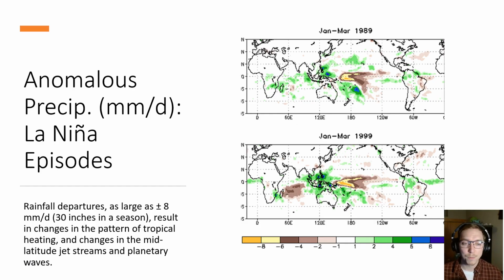From anomalous precipitation in millimeters per day, rainfall departures as large as plus or minus 8 millimeters per day, in a 30-inch season, result in changes again. Here we can see a striking difference. So much drier where we had those major anomalous pulses upwards of 8 millimeters of rain per day extra in that central Pacific region.